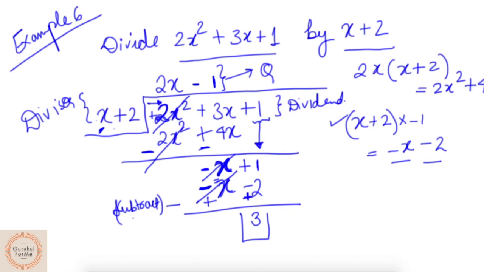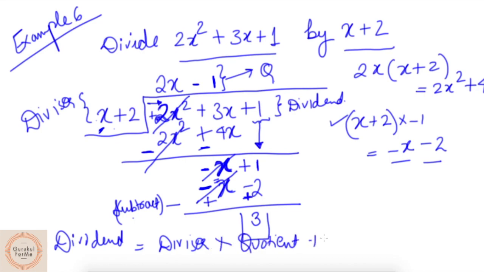So what did we see in Euclid division lemma? The same thing. We said the dividend is equal to divisor into the quotient plus remainder.